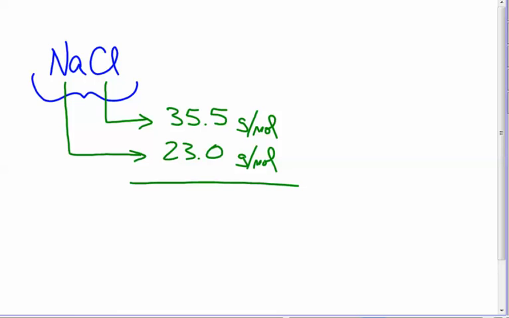And so the mass of the whole thing is going to be equal to those parts added together. And so we have a molar mass for sodium chloride of 58.5 grams per mole. Each substance that we are working with would be done essentially the same way.